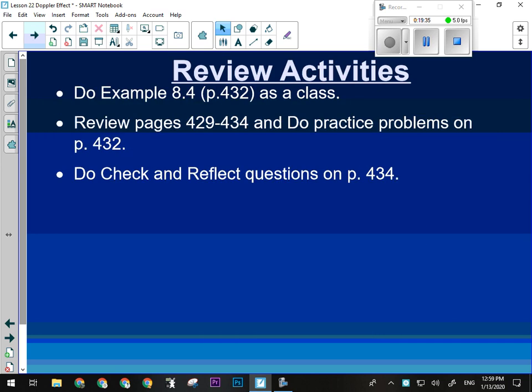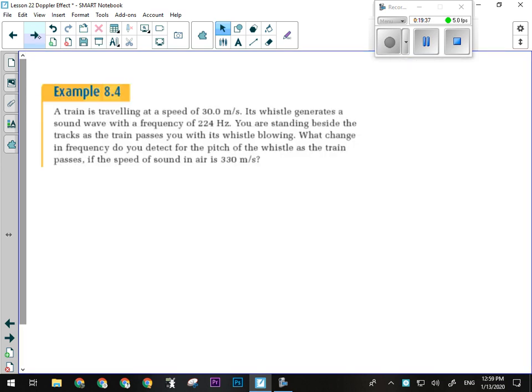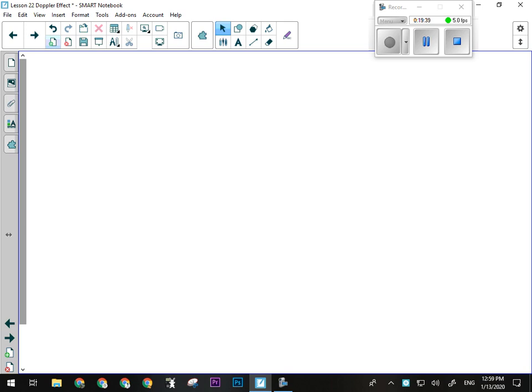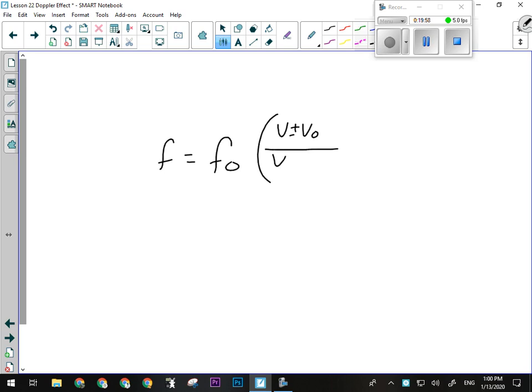Okay, all right, we're going to look at the formula here before we do anything else. So, the formula for the Doppler effect. On your formula sheet, we have f equals fo, and then the actual formula looks like this: (v plus or minus vo) over (v plus or minus vs).